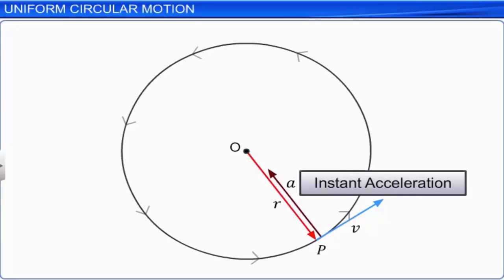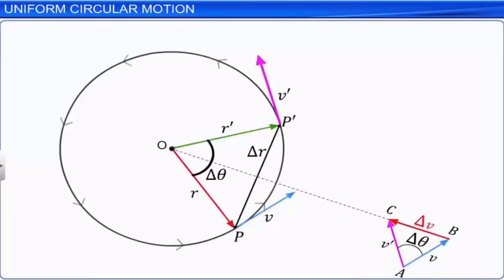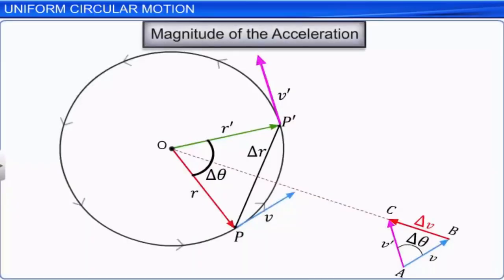As you know, the angle between R and R' is delta theta. As V and V' are perpendicular to R and R', the angle between V and V' is also delta theta. Therefore, triangle OPP' formed by the position vectors and triangle ABC formed by the velocity vectors are similar.